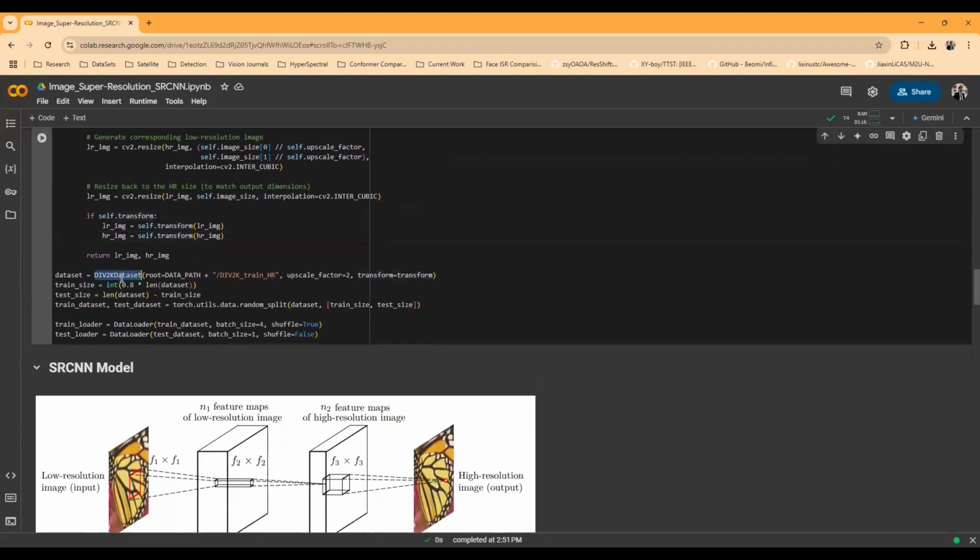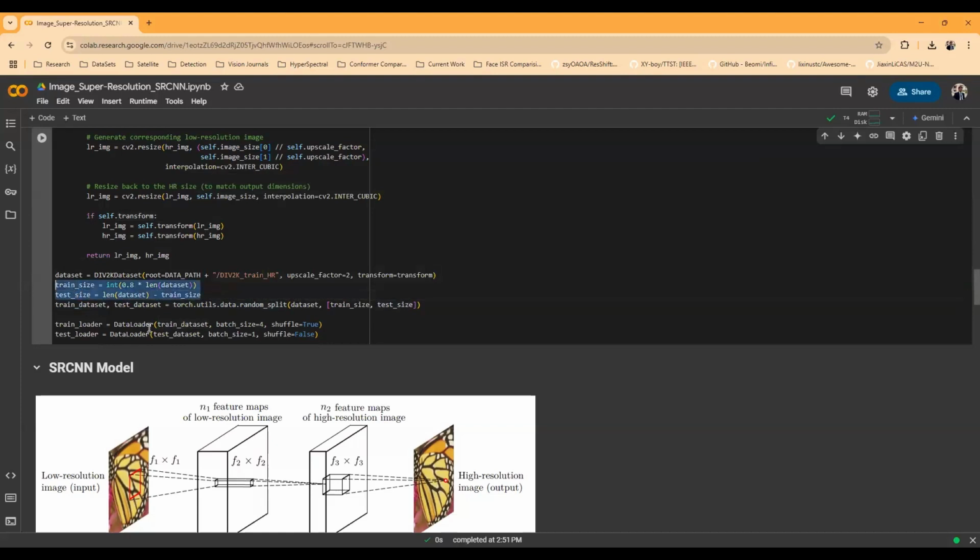Now, for the dataset, we are building the dataset for the data loader. So we have the data path, the train HR directory, scaling factor 2, and transformation based on the transform value. Then train size is 0.8 times the length of the dataset, meaning 80% of the data is being used for training and the remaining will be used as test size.